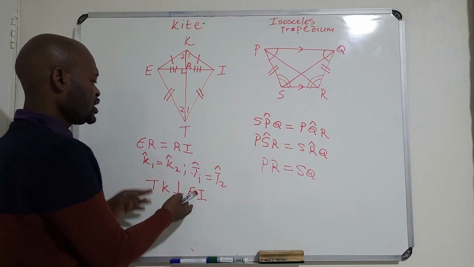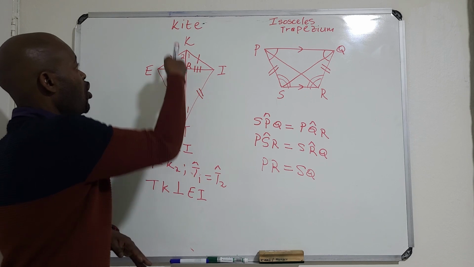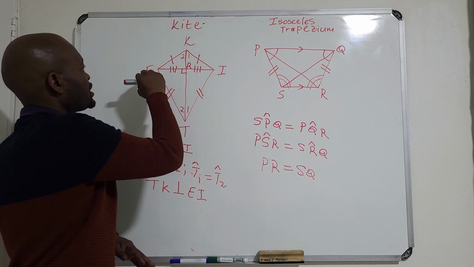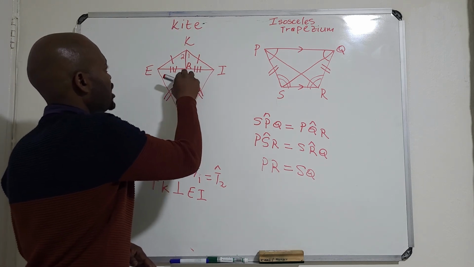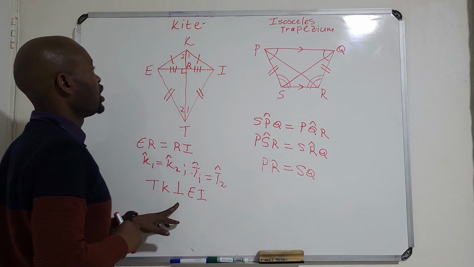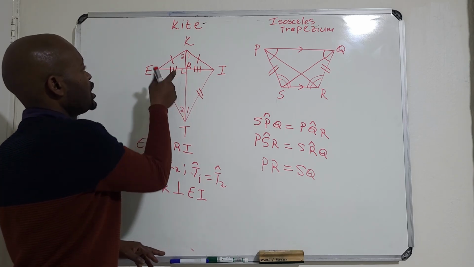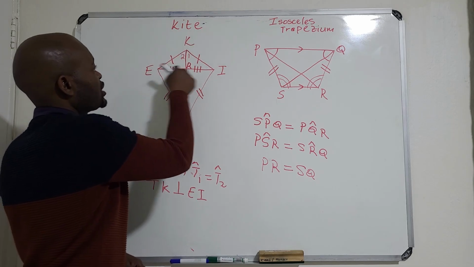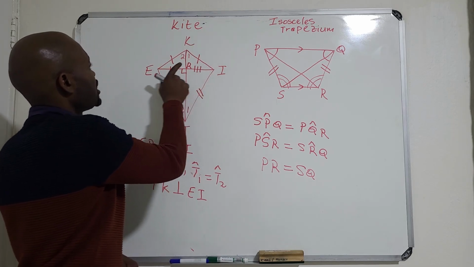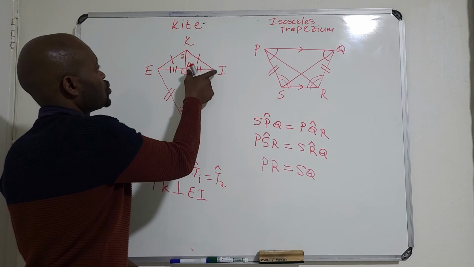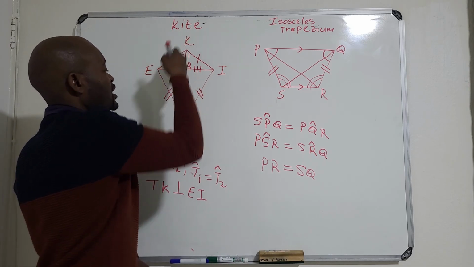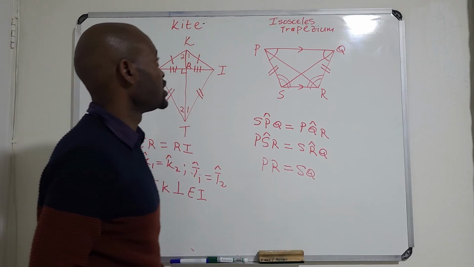Therefore, this simply means that the longer diagonal bisects the shorter diagonal at 90 degrees. They are perpendicular. That is why we said if the longer diagonal bisects the shorter diagonal, it means that ER is equal to RT, but it is bisected at 90 degrees.